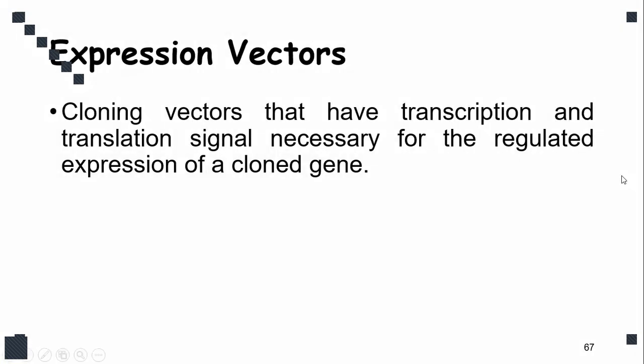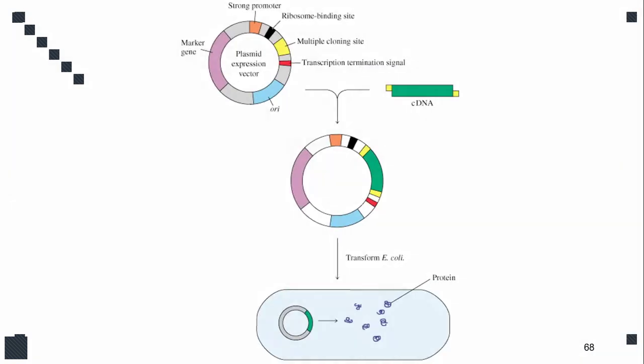So that ends the story of vectors. Oh, sorry, this is the last part, which we call expression vector. Expression vectors actually have the transcription and translation signals necessary for the expression of that particular gene. This is a classical case. Now, remember, we have our cDNA.